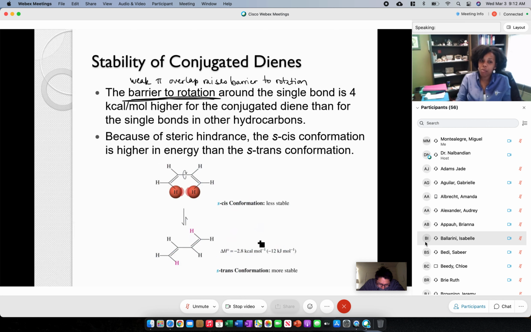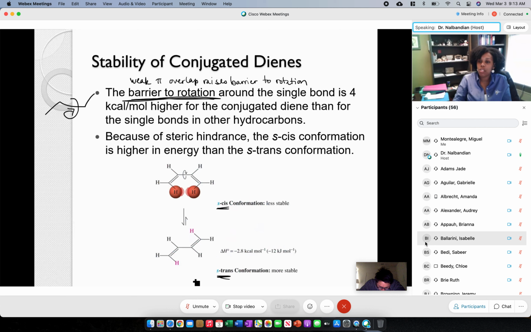We usually can rotate easily around any single bond. But it's a little more difficult to rotate around a single bond when it is a conjugated diene, because of that weak pi overlap. And so we end up with these two different conformations. One is called S-cis, and the other is called S-trans.